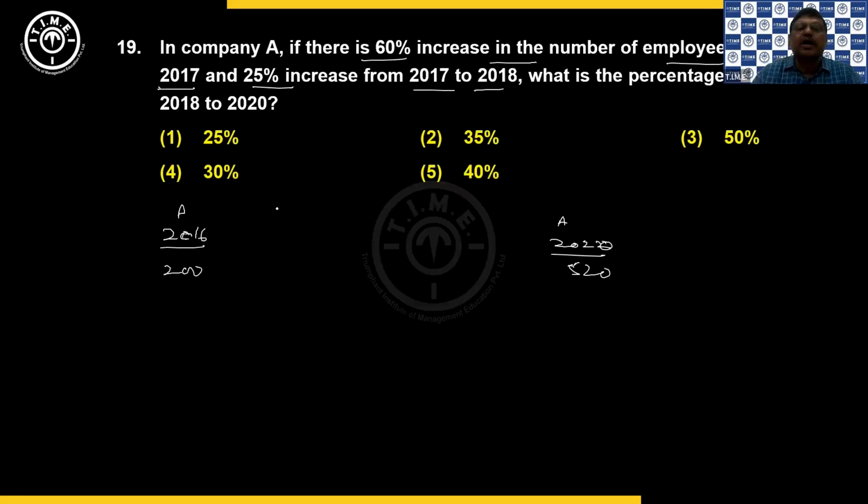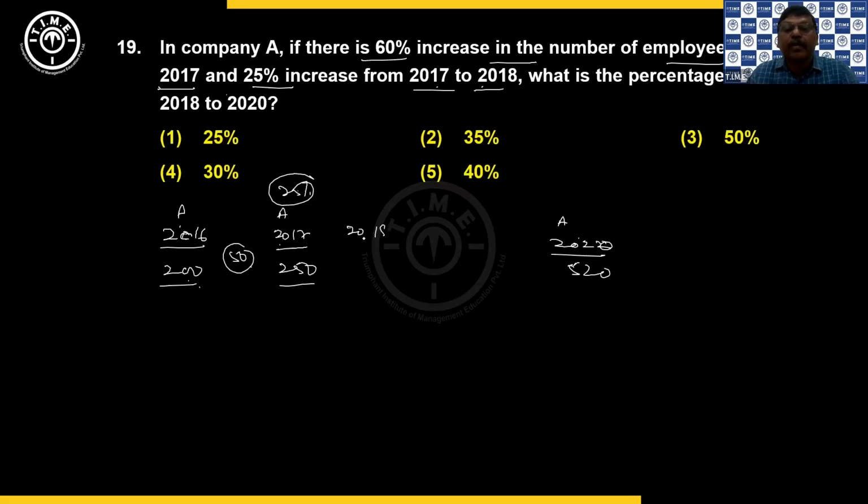So students, now 2016 to 2017, A increased by what percent? Between 16 and 20, what happened, he is giving. 16 to 17, it is increasing by 25%. 25% is 1/4. 1/4 of 200 is 50. 200 plus 50, 250 it is.